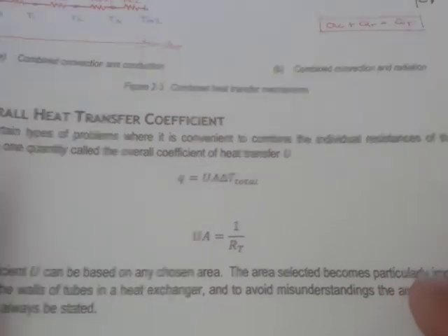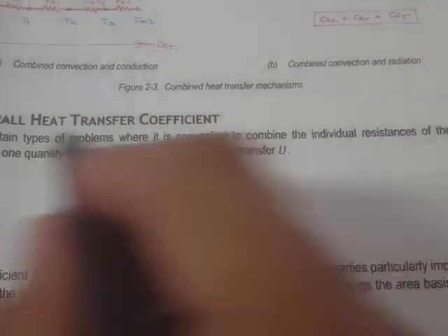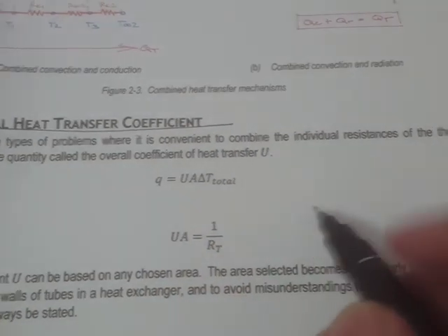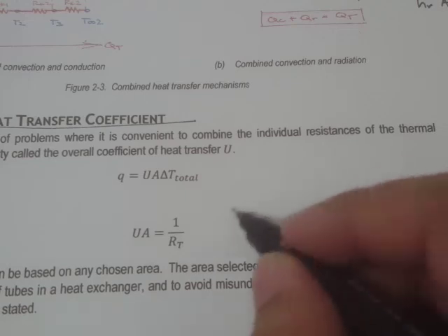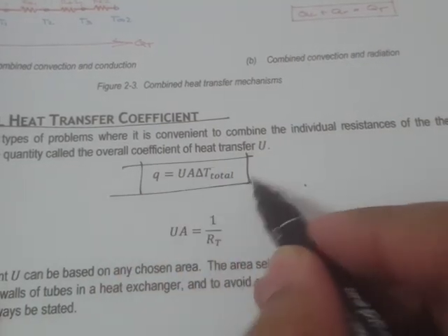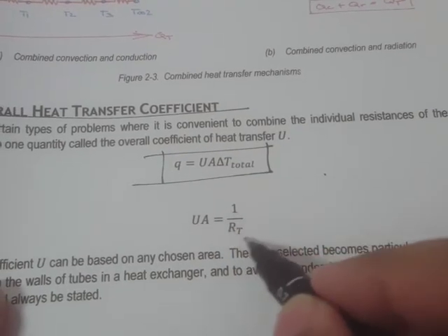Okay, and lastly, I would like to bring up this topic about the overall heat transfer coefficient. The idea is this: the overall heat transfer coefficient is simply the U. The U is equal to 1 over R_T.